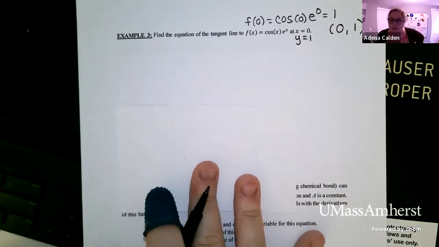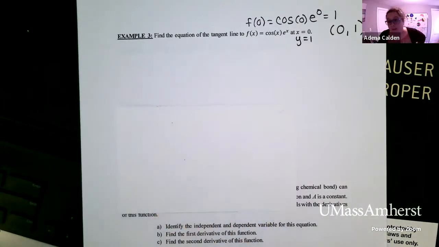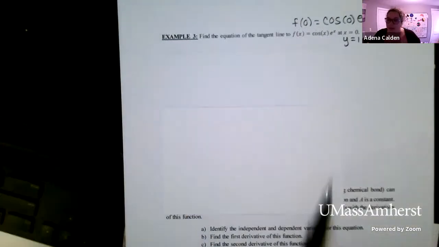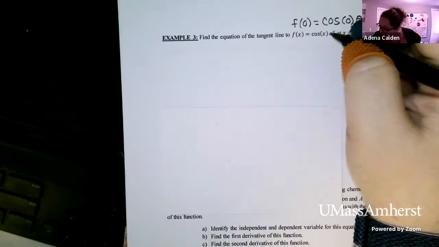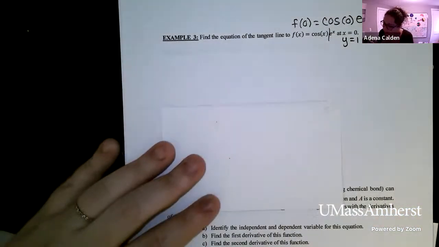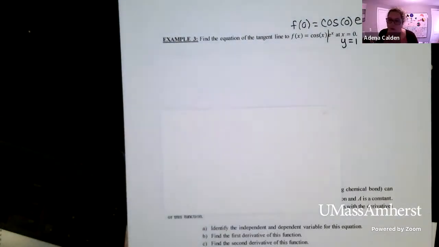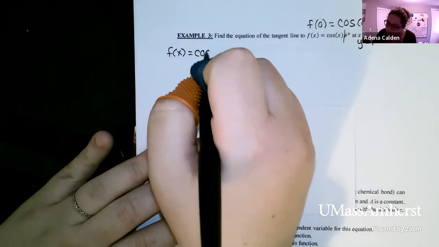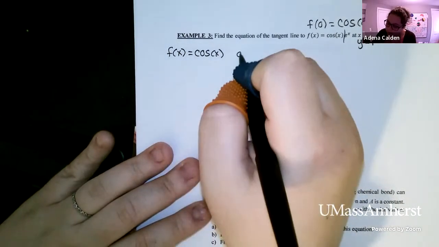Now, I also need the derivative in order to get the slope of my tangent line. So this is where my product rule comes in. Again, I could draw a line right down the middle here. I see I'm using the product rule, so I'm going to set up a product rule to help me get ready for finding my derivative. So my f of x is going to be cosine x.